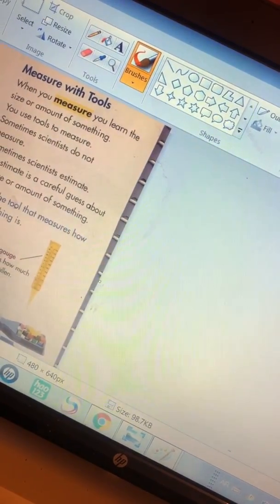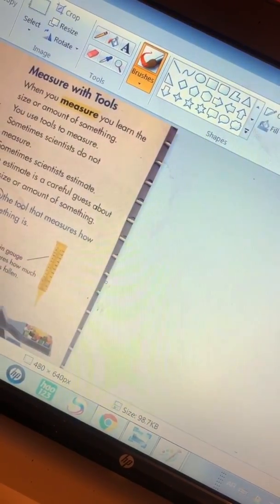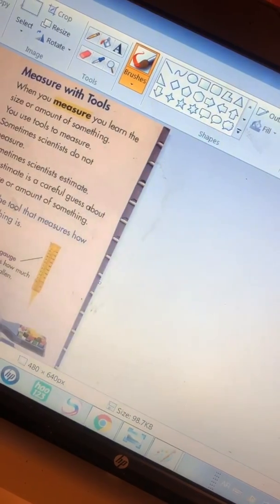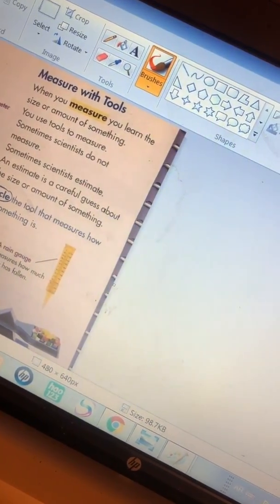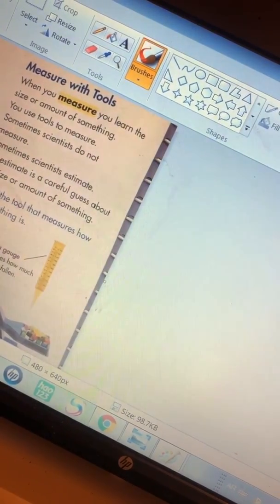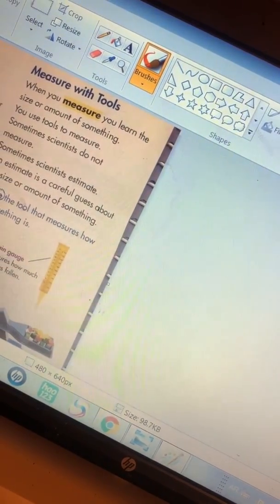So firstly, what does measure mean? Measure: to learn the size or amount of something. So measure to learn how much we have in this object. For example, how much milk we have in this glass.